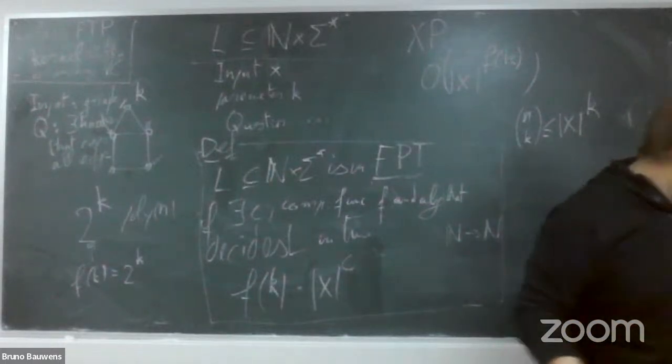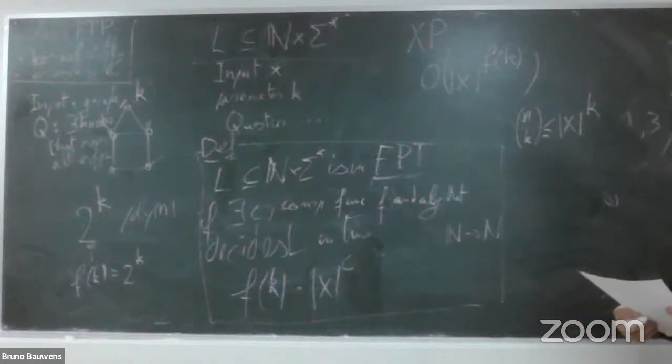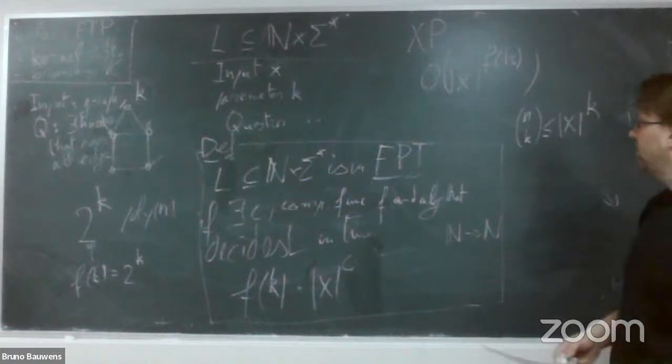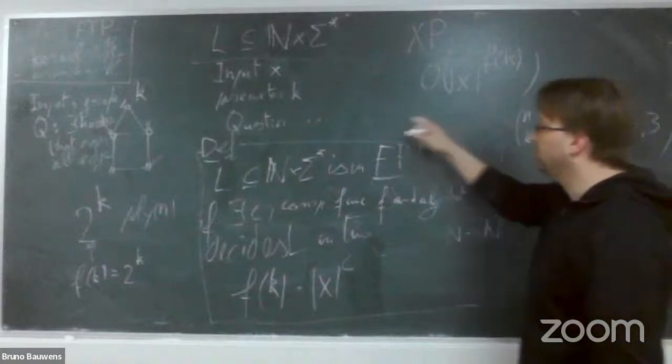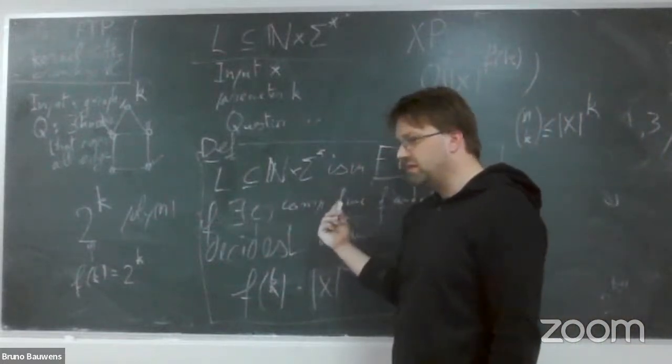Okay, let me write that. I have some examples. I will just state some problems. Clique with the natural parameter. There is also a definition for two parameters in FPT.